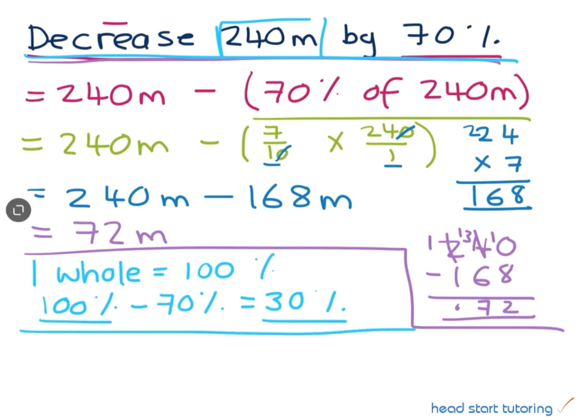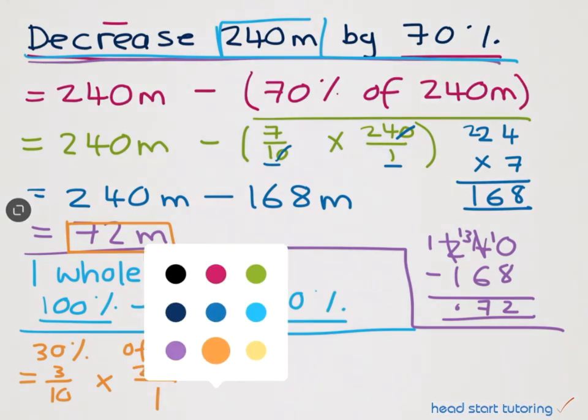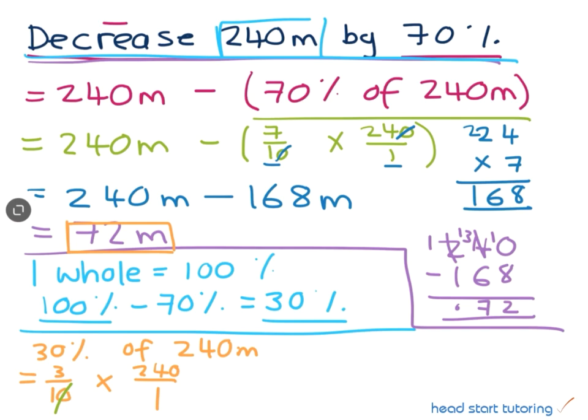So let's have a look at whether 30% of 240 meters will give us the same answer that we got here, our 72 meters. So 30% of 240 meters is equal to 3/10 of, or times by 240 over 1. And then we can cross cancel 10 into itself once, 10 into 240 24 times.